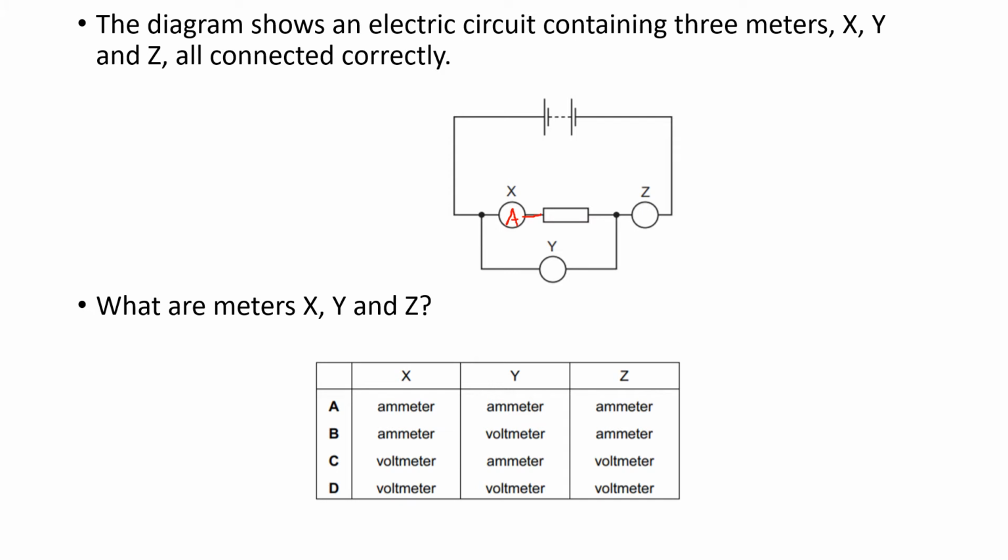This is also connected serially, so it is also an ammeter. And here Y is connected in parallel, so it is a voltmeter. So X is ammeter, Y is voltmeter and Z is also a meter. So the answer is B.